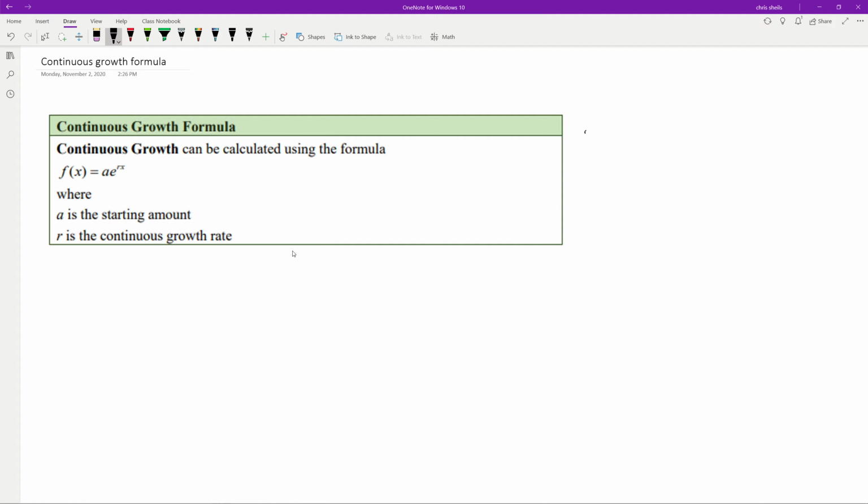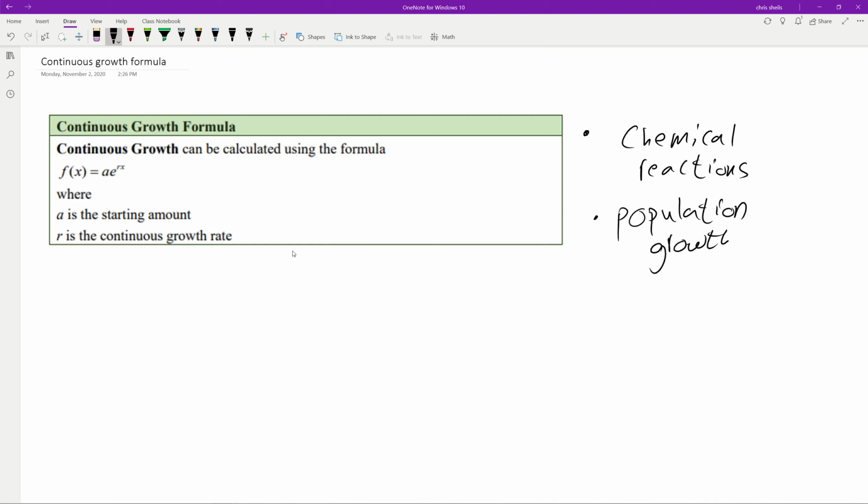So continuous growth will be used for things like chemical reactions, population growth, and radioactive decay. These things are more or less changing all the time, nonstop, continuously.